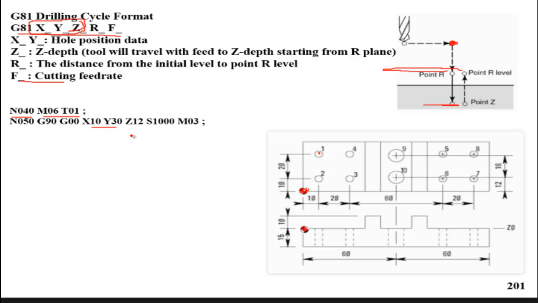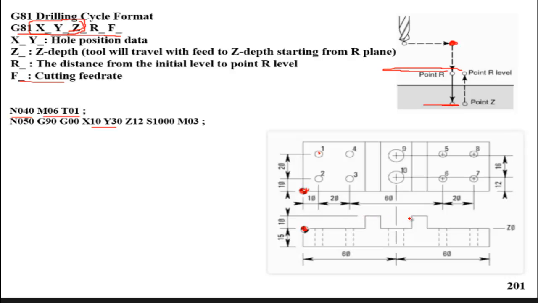So what is the meaning of Z equal 12? Z equal 12 means from that position we will locate our tool in the Z direction at this amount, which is 12. Why 12?